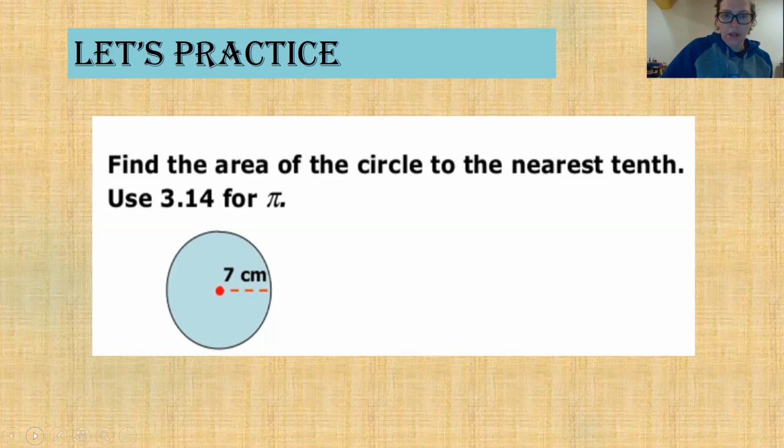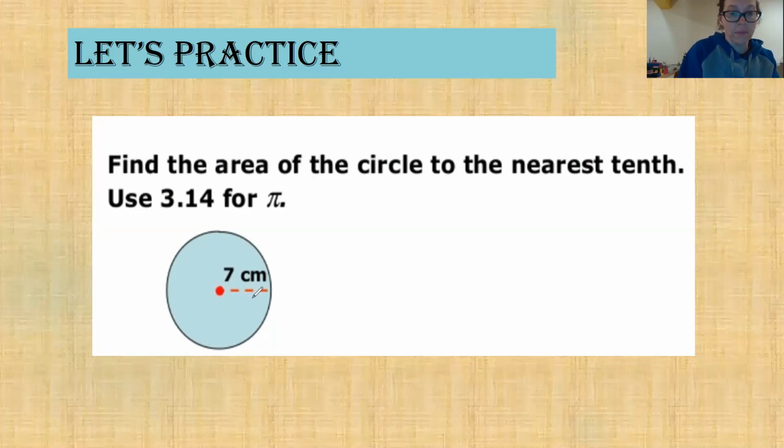All right, so we are going to find the area of this circle to the nearest tenth, and we're going to use 3.14 for pi. And if we look at our circle, we can see that we have our radius. It's telling us a radius, which is 7 centimeters.